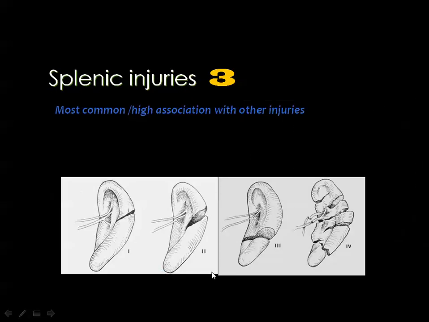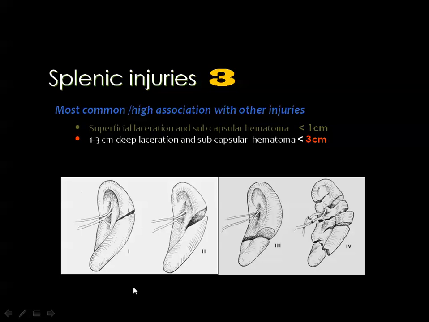And you remember also that the splenic injuries are intimately related to the number 3. Superficial lacerations and subcapsular hematoma less than 1 centimeter is indicative of stage 1 or grade 1 injury. When the laceration is from 1 to 3 centimeters deep with subcapsular hematoma less than 3 centimeters, this is stage 2.